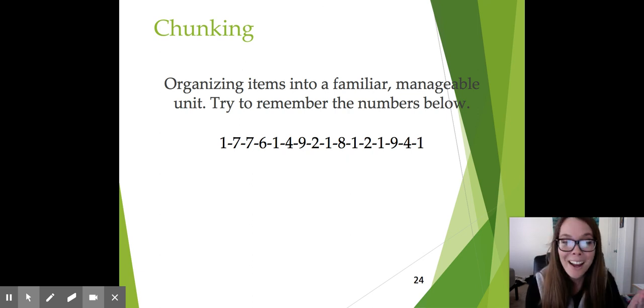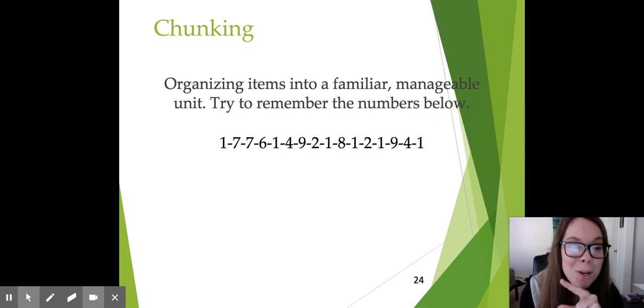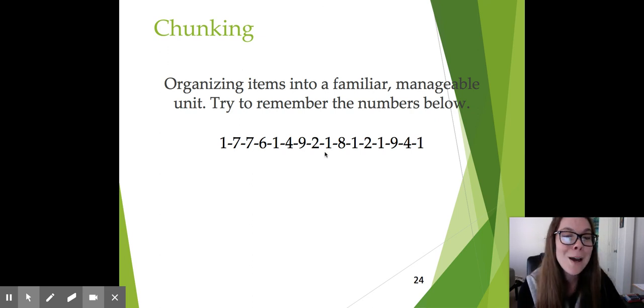So in class, I would usually have you guys have a minute to just stare at the screen, and see how many words, how many numbers you can remember, right? And you're going to be like, oh gosh, I can't do it, right? But for the few people who caught on, these are all important dates that are chunked together, right?